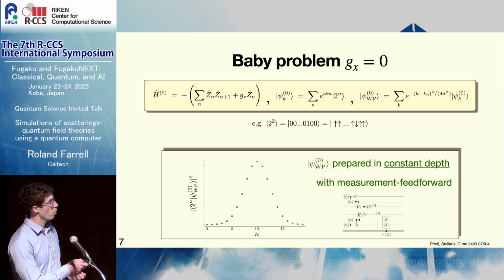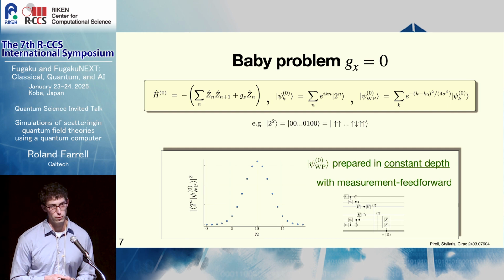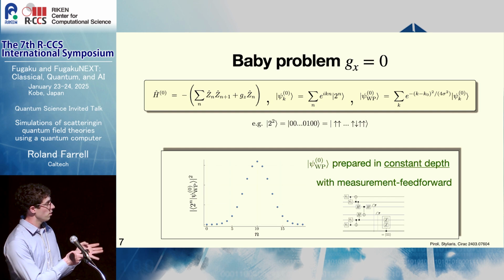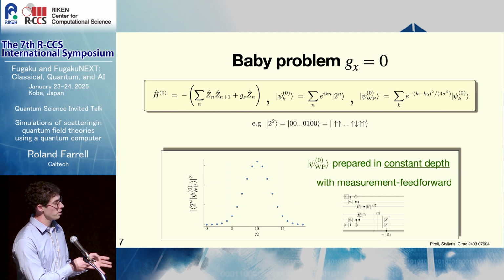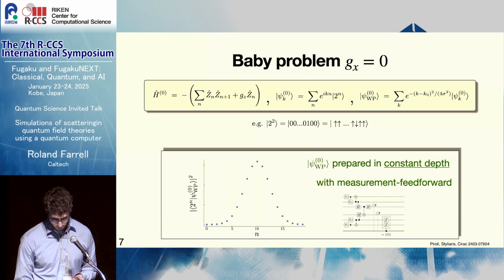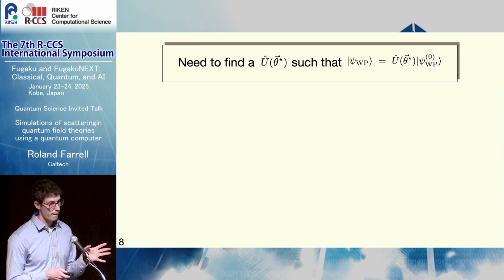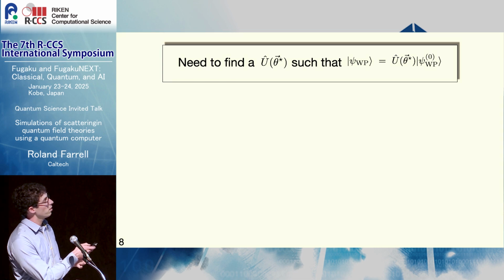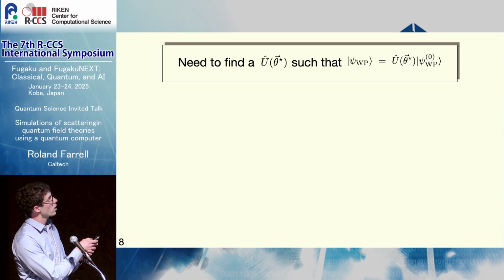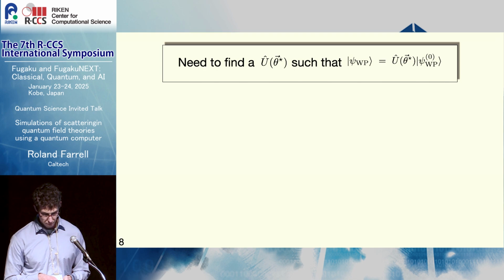And it turns out you can prepare this state with a constant depth circuit using measurement and feed forward. So this is a state which we can prepare efficiently. Now the question is, does that really get us anywhere? The challenge is, is there a unitary which would take us from this easy to prepare state, the psi 0 wave packet, to the actual wave packet that we want and we can use in our scattering simulation?